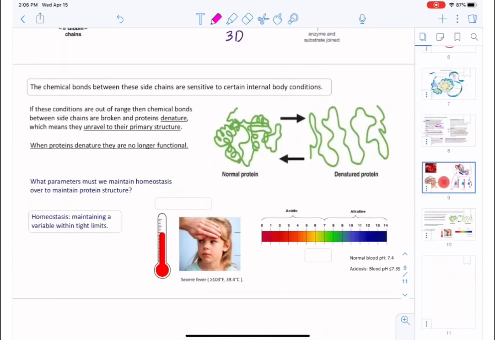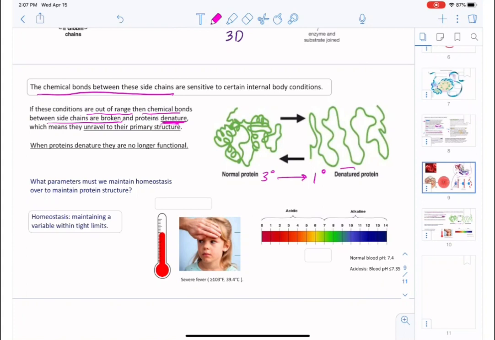So not surprisingly, the chemical bonds between these side chains are sensitive to certain internal body conditions. And if these conditions are out of range, then the chemical bonds between the side chains can break and the protein denatures. What denaturing means is having a protein in its tertiary structure, its 3-dimensional structure, and if those side chains break, then it unravels to its primary structure.